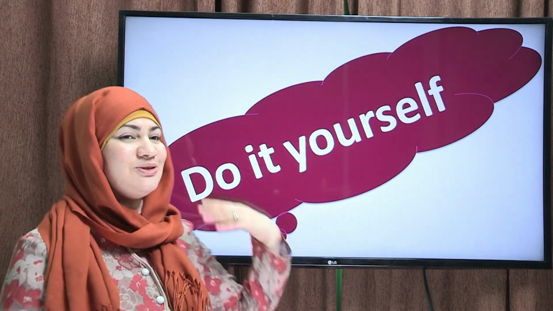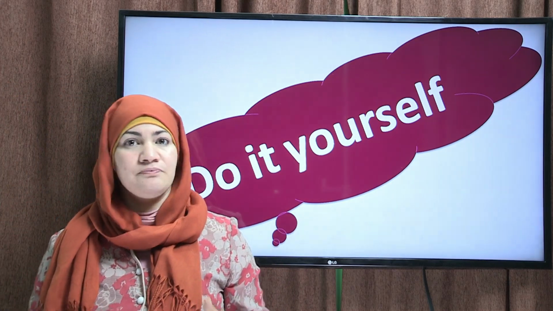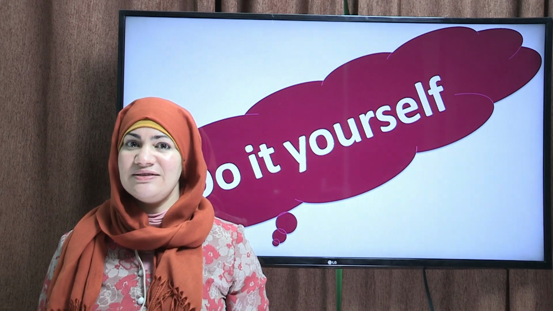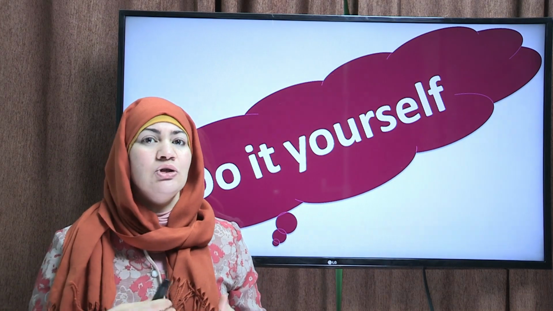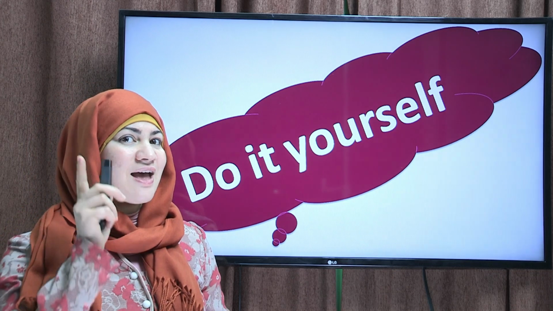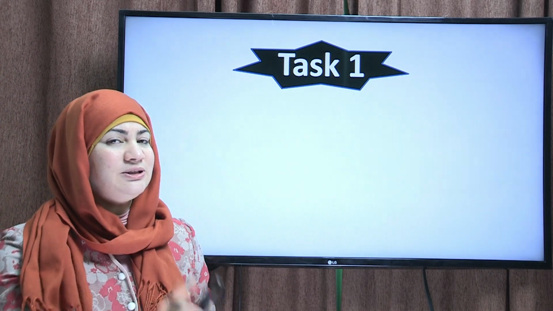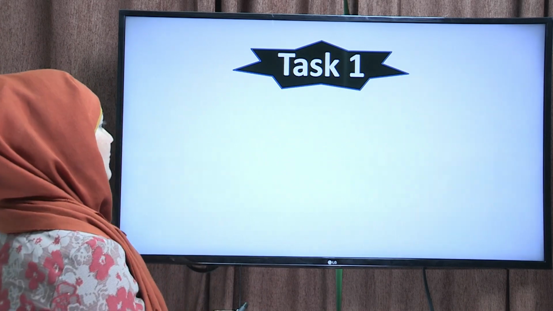The next point, my students, you do it yourself. We practice together. We will have two sentences or more. You choose the right triphthong for each word. So let's start together. We read the sentences and it's you who will do it. Task 1. You open your book and follow me.